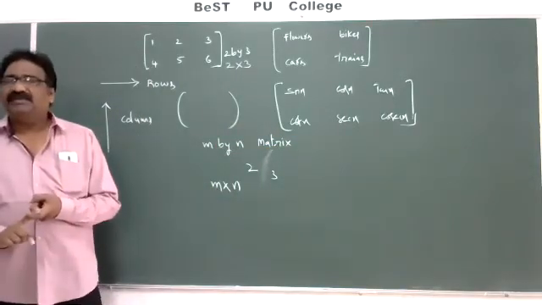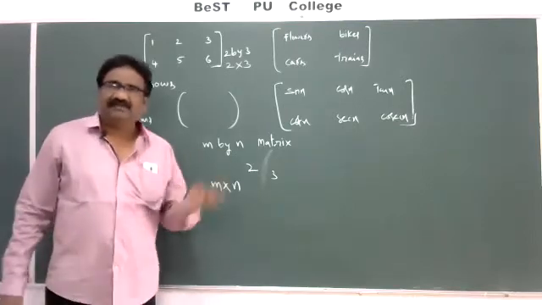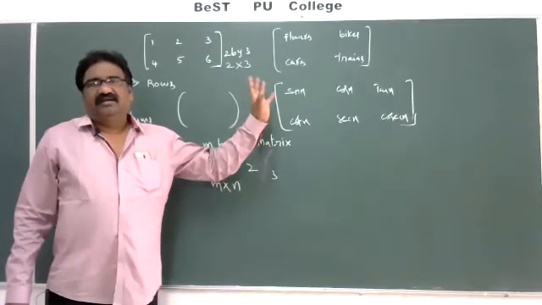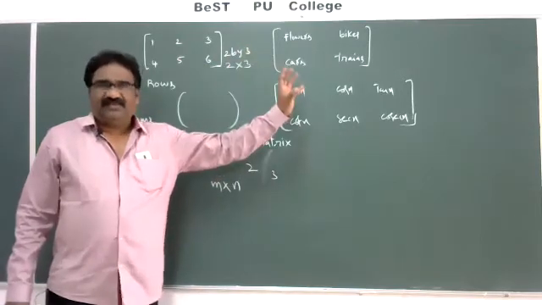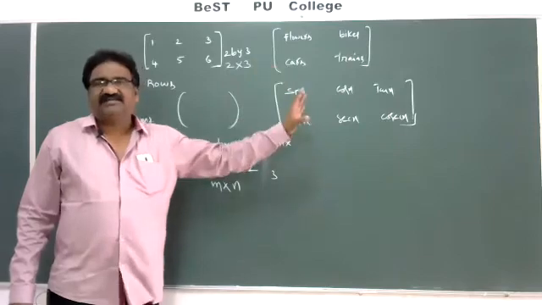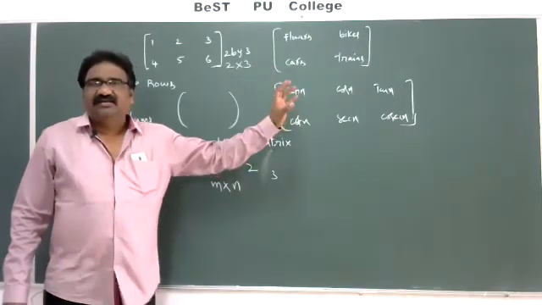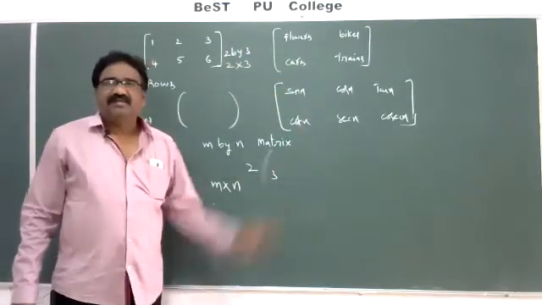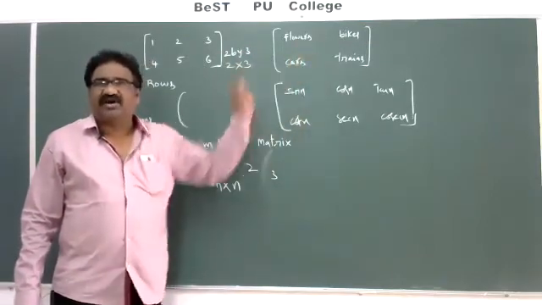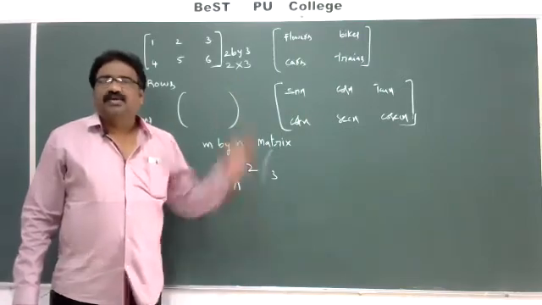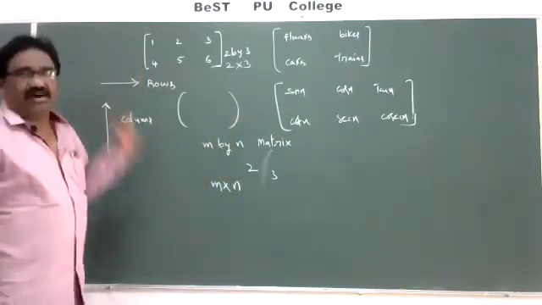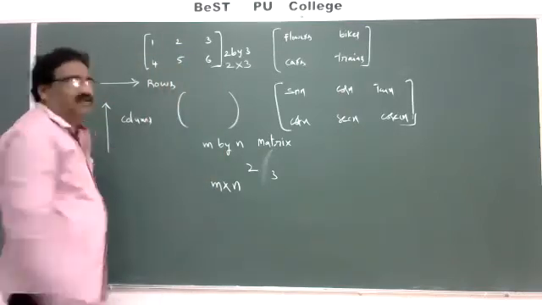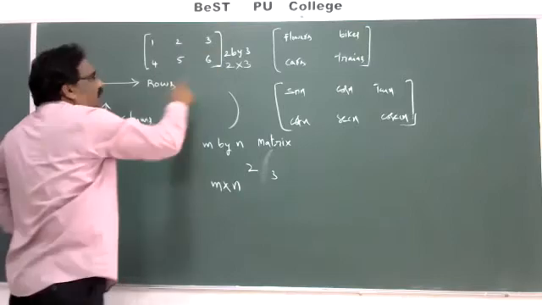Then what is meant by matrix? If numbers or functions or objects are arranged in a rectangular array, that arrangement is called a matrix. In that matrix, the numbers or functions or objects are called elements. Next, what is meant by rows and columns?